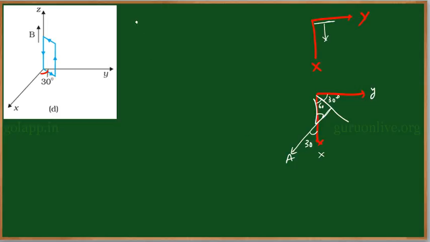Then I can write the area vector as A is equal to AX i cap plus AY j cap. Here AX can be written as 50 into 10 to the power of minus 4 cos 30 degrees i cap plus 50 into 10 to the power of minus 4 sin 30 degrees j cap.